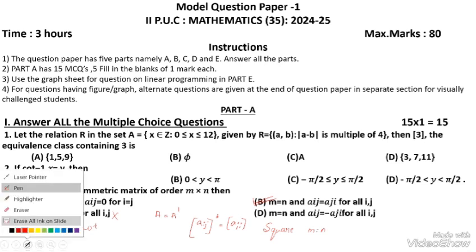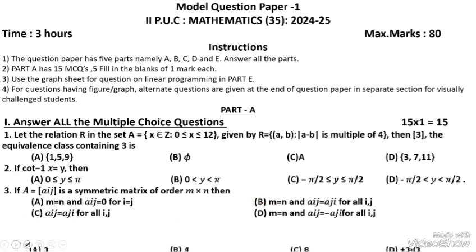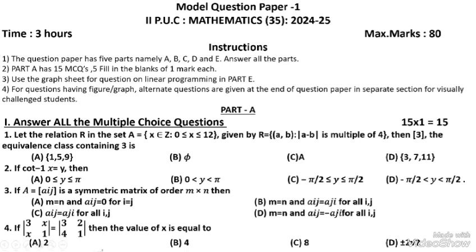Let's move on to the next problem. Question number 4. Here they have given a determinant, and we have to find the value of x. We already know how to find the value of a determinant. I can take the left hand side part first, that is 3x, x, 1.